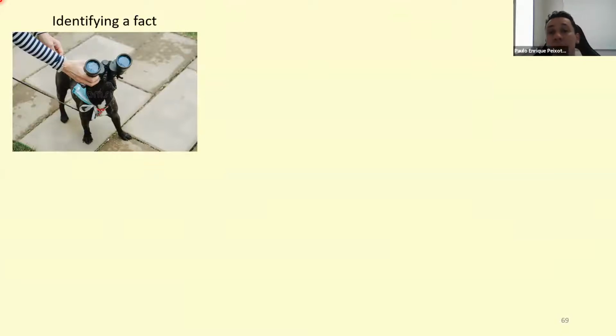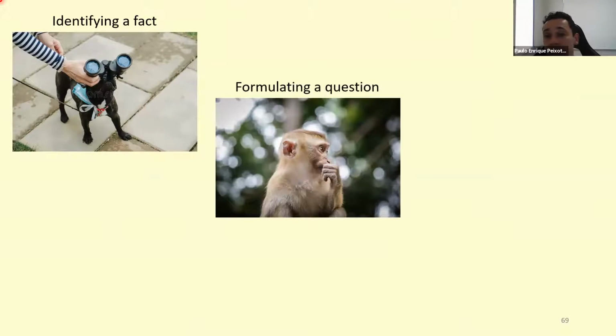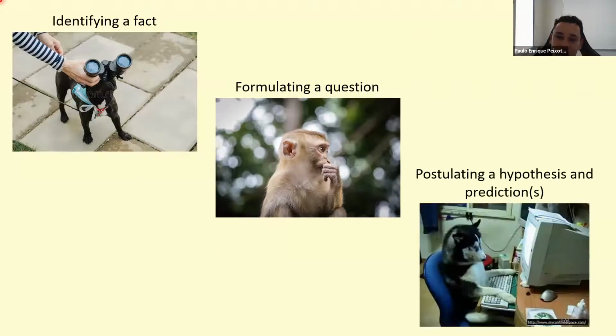You will spend a lot of time formulating a question, seeing if it is directly related to the fact, if it is simple, if it is objective, and if it is answerable. And you also spend a lot of time reading to think and to create a hypothesis and to formulate predictions, okay? This is a time demanding task, and you have to think a lot when you do this.